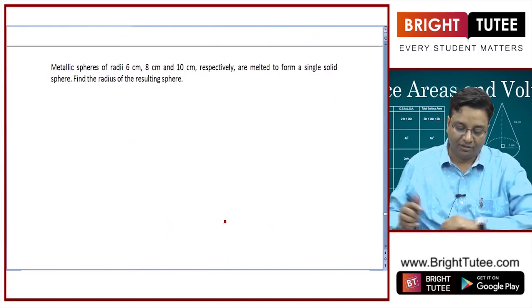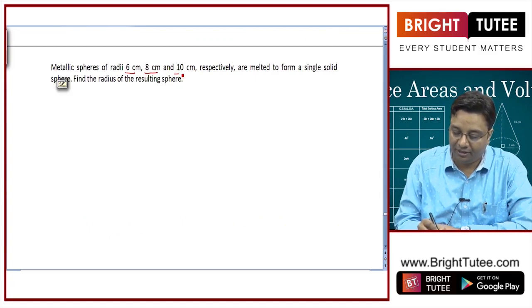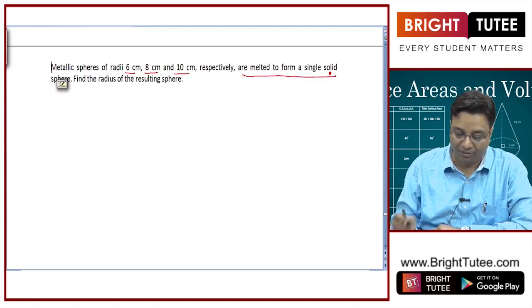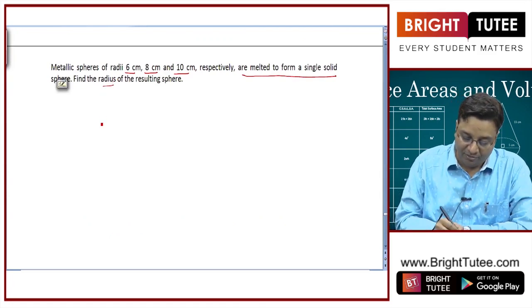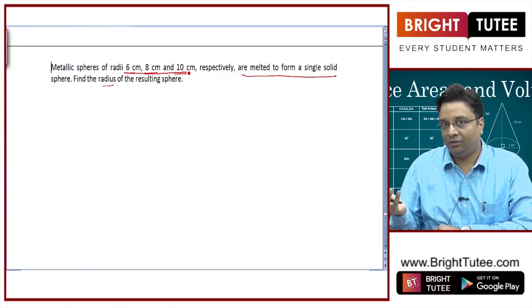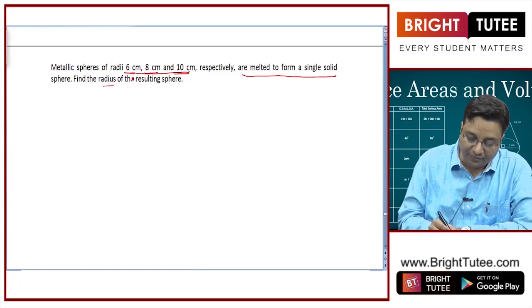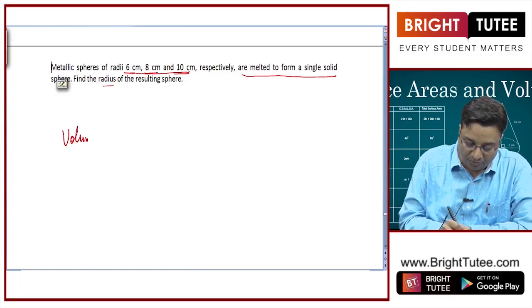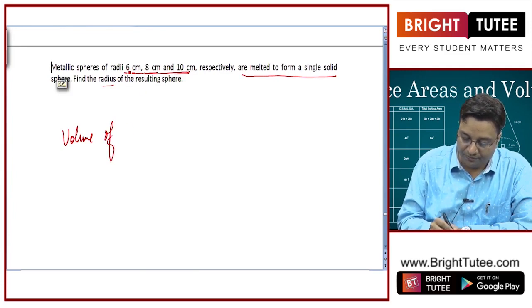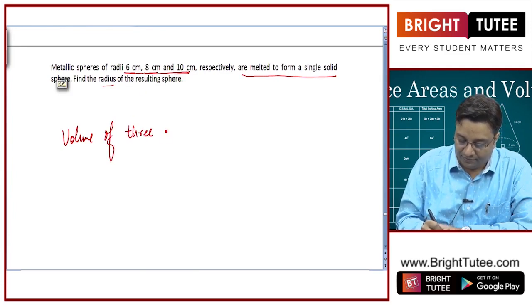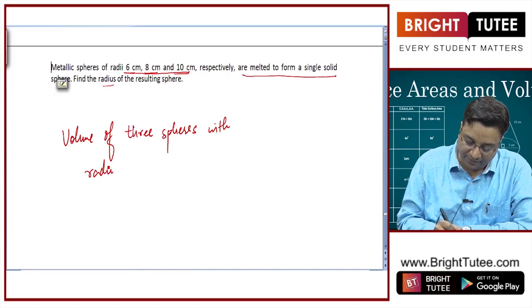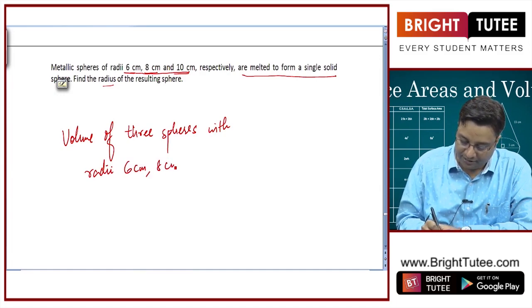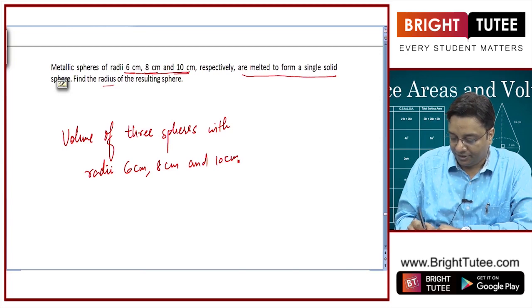This time metallic spheres of radii 6 centimeter, 8 centimeter and 10 centimeter are melted to form a single solid sphere, and we need to find the radius of the resulting sphere. This time also the volume of these 3 spheres collectively will be equal to the volume of the new sphere. So what is the volume of 3 spheres with radii 6 centimeter, 8 centimeter and 10 centimeter?